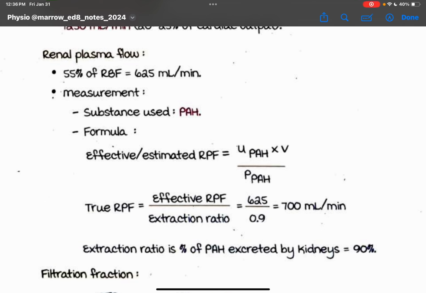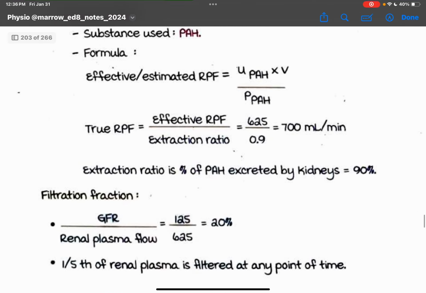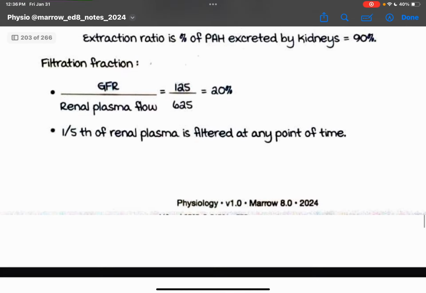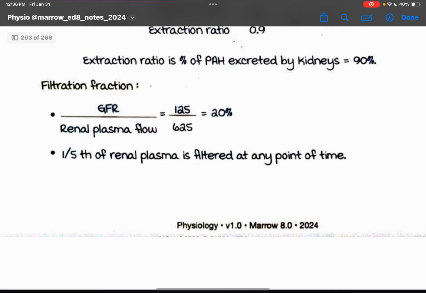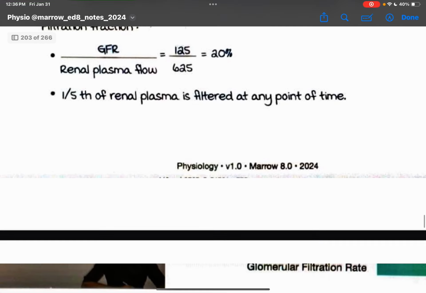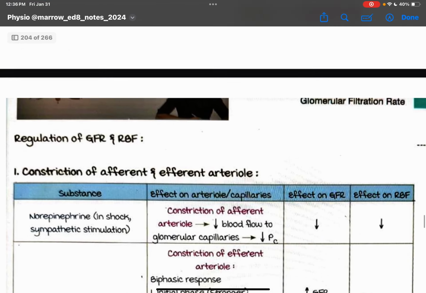True renal plasma flow equals effective renal plasma flow divided by extraction ratio, 625 divided by 0.9 equals 700 mL per minute. Extraction ratio is the percentage of PAH excreted by the kidneys, which is 90%. Filtration fraction, GFR divided by renal plasma flow, equals 125 divided by 625, which is 20%. One fifth of the renal plasma is filtered at any point of time.